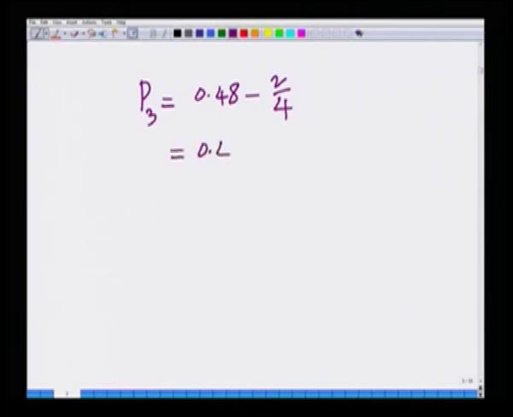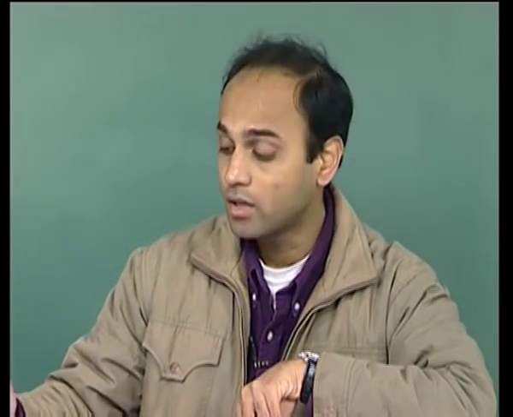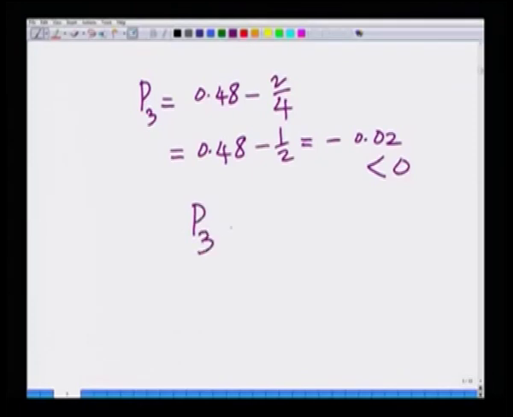So, 0.48 minus half equals minus 0.02, which is less than 0. Hence, this is not consistent with our assumptions. The only thing this means is that P3 is 0, that is the third mode is allocated 0 power. Hence, P3 equals 0.